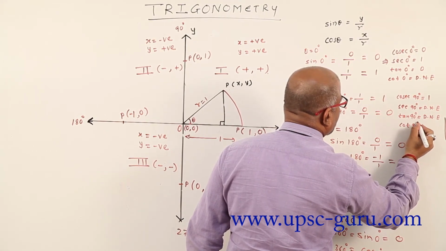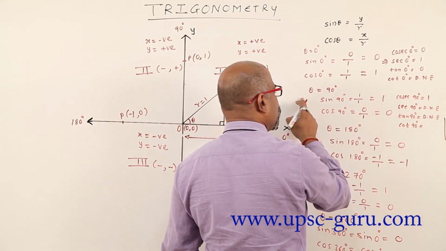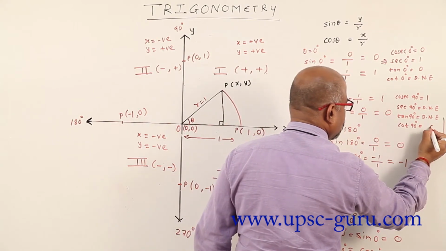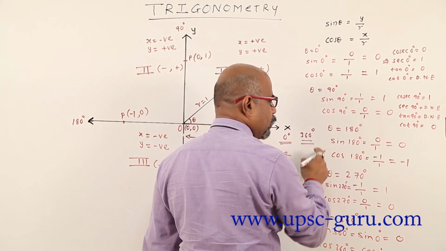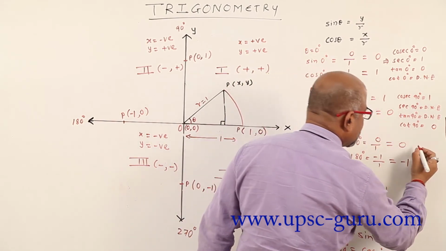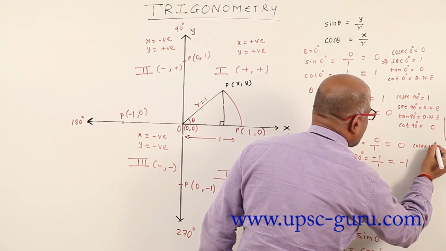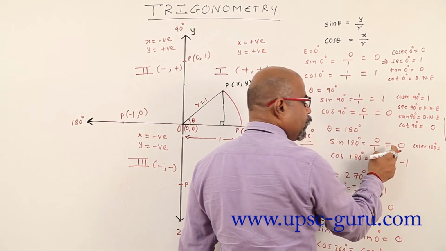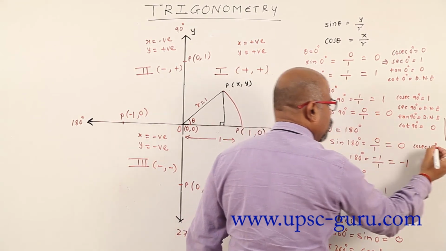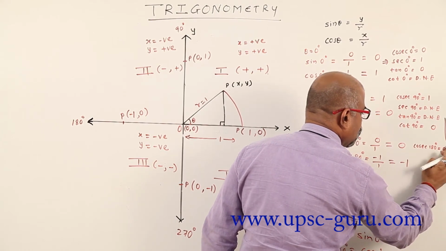Cot 90 degree is cos upon sin, that is 0 upon 1, which is 0. When we move to 180 degree, cosec 180 degree is the reciprocal of 0, that is 1 upon 0, which does not exist.